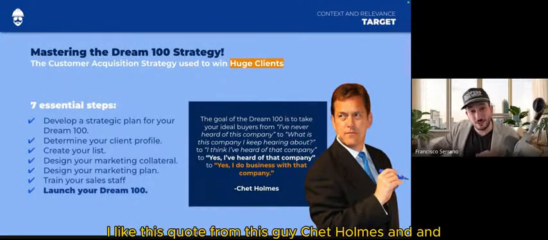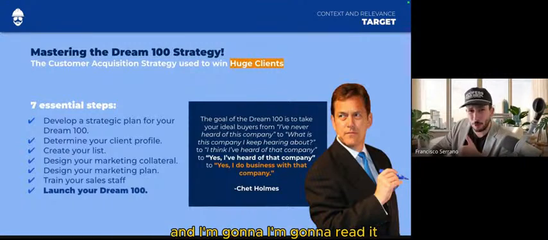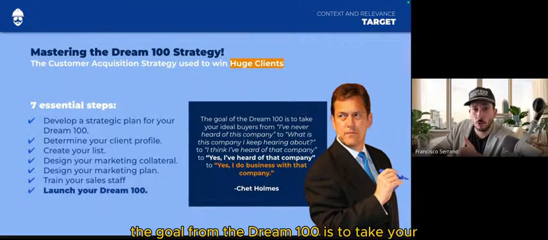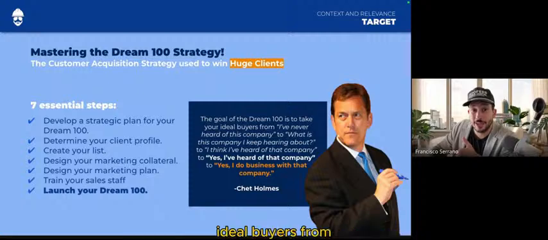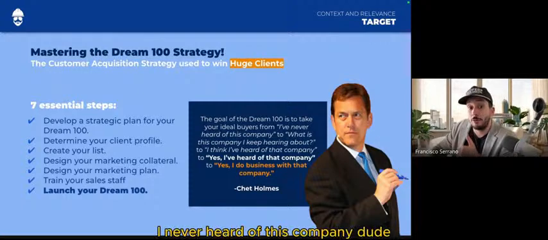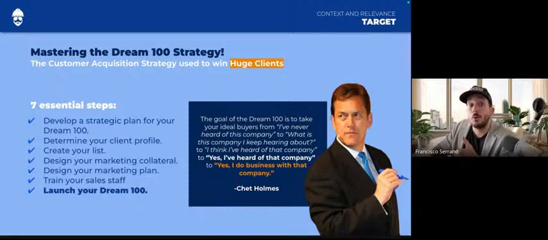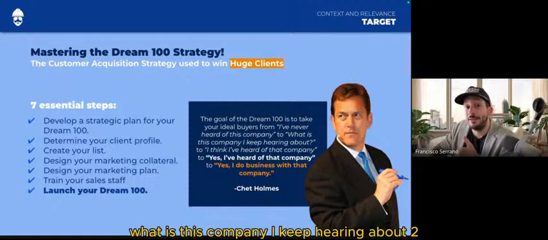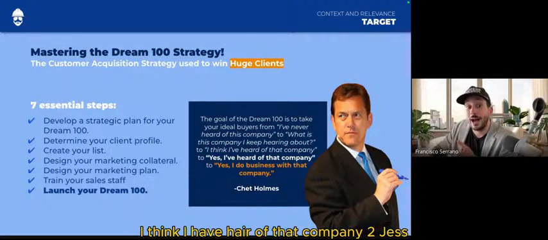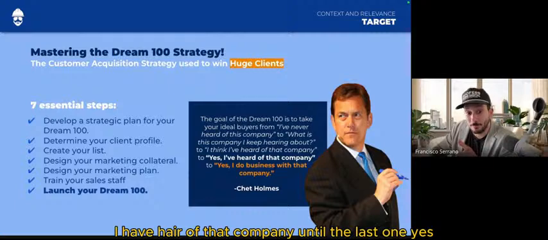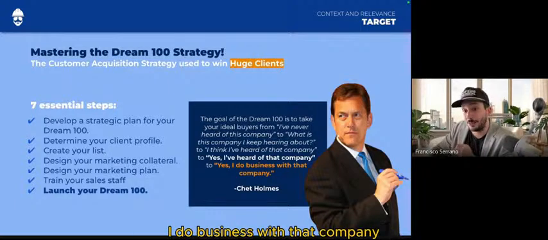In this part, I like this quote from Chet Holmes, and I'm going to read it. The goal of the Dream 100 is to take your ideal buyers from "I never heard of this company," to "What is this company I keep hearing about," to "I think I have heard of that company," to "Yes, I have heard of that company," until the last one: "Yes, I do business with that company."